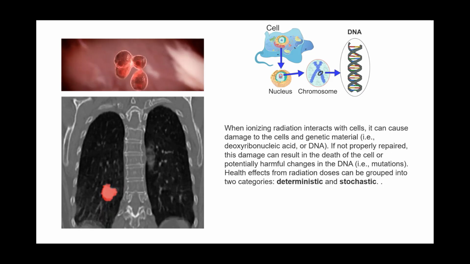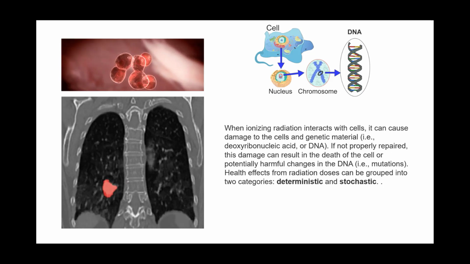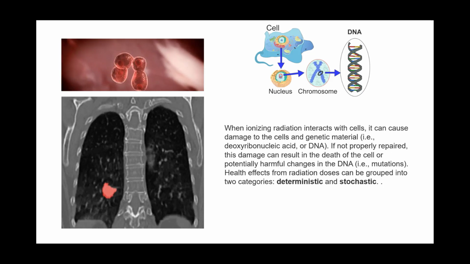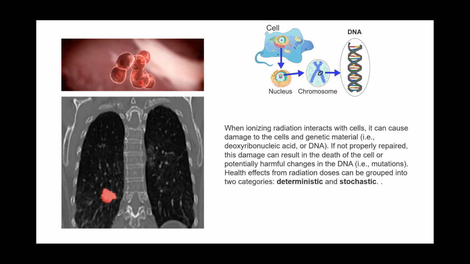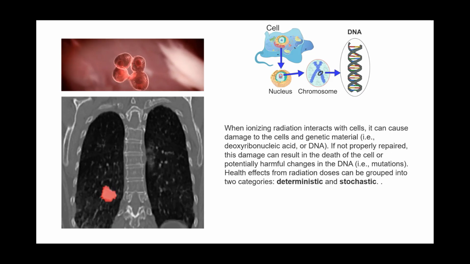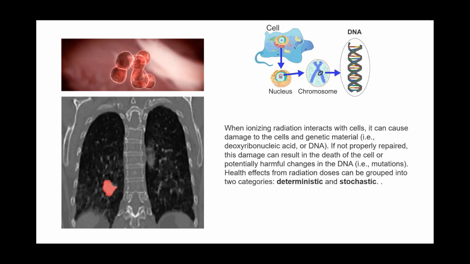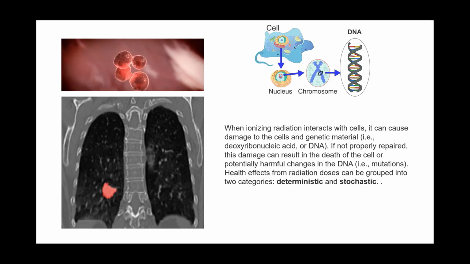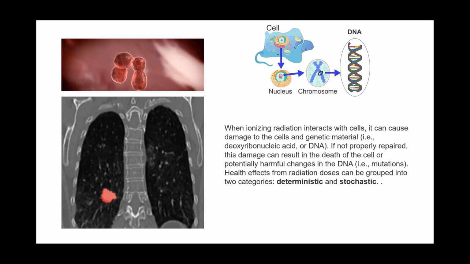The very small probability is that the cells will actually be damaged and mutate. And with these mutations, we're looking at something called cancer. And this happens, but over what period of time, etc. So realistically, we're looking at what can happen as opposed to what really happens and what will happen.